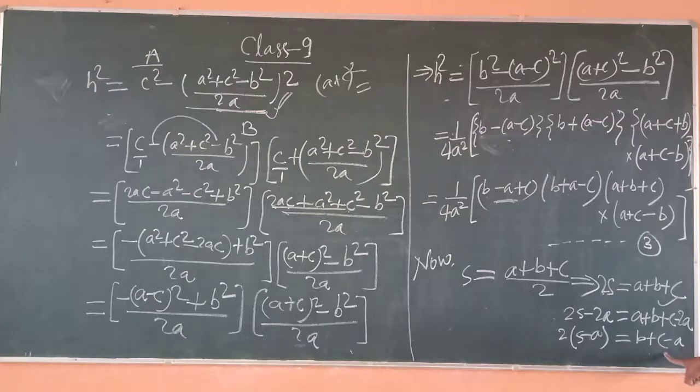Taking 2 common out, b plus c minus a is equal to 2 into (s minus a).